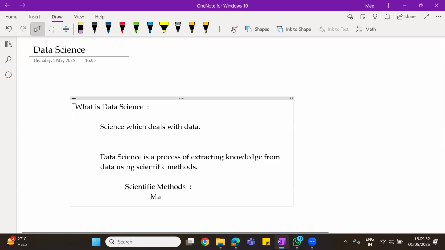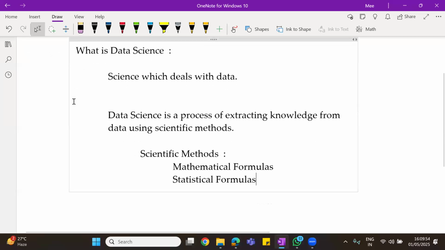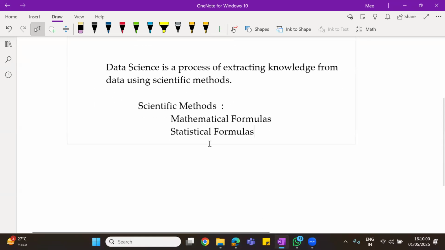We can say it as mathematical formulas or statistics formulas. When you use mathematical formulas or statistical formulas, this is called scientific. Now I will explain this one, guys.